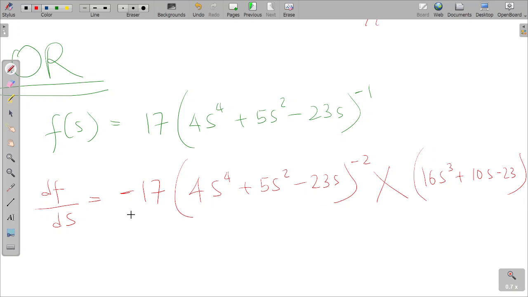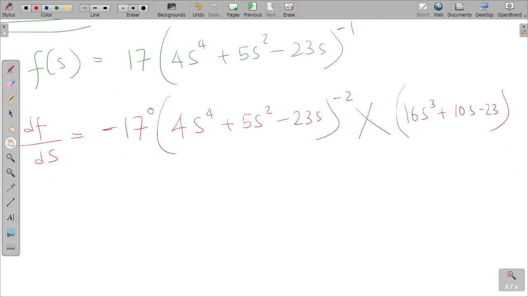Okay, so this is the derivative of the inner function. Here, this is the derivative of the outer function. And the inner one is not moved, is not derived. We just leave it the way it is. All right, so we can rewrite this one.